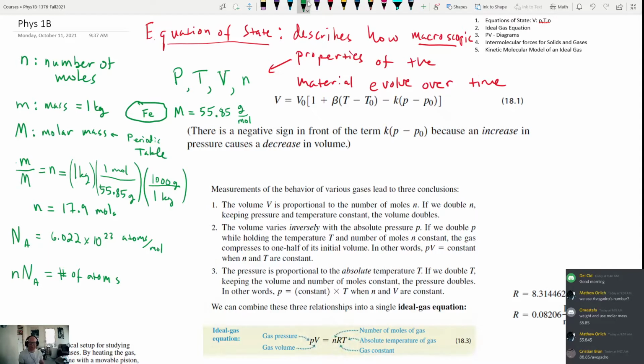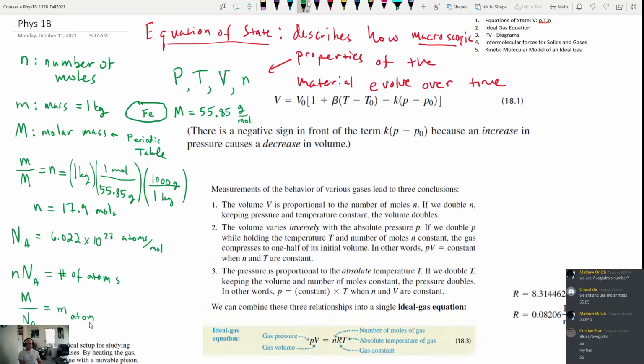In terms of symbols, that would be capital M divided by Avogadro's number, and that should be equal to the mass of an atom. I'll put M sub atom.